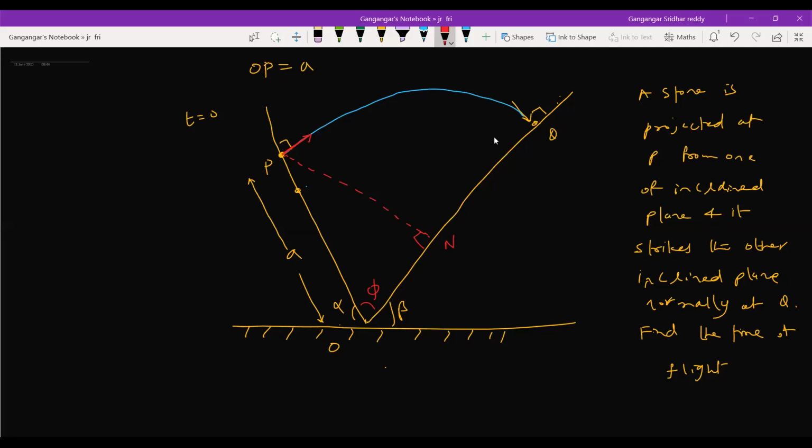If you want, you can give the name OB to the incline. Let the speed of projection be U.